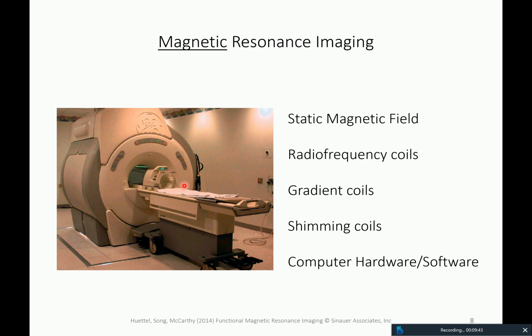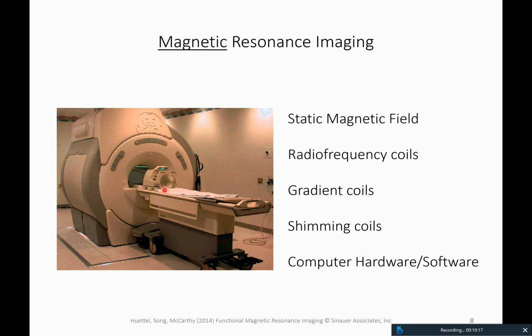These machines comprise a very strong static magnetic field, and then they also include a number of what are referred to as coils, namely radio frequency coils, gradient coils, and shimming coils. Radio frequency coils send electromagnetic waves that interact with the atomic parts of samples in this static magnetic field to support the imaging process.